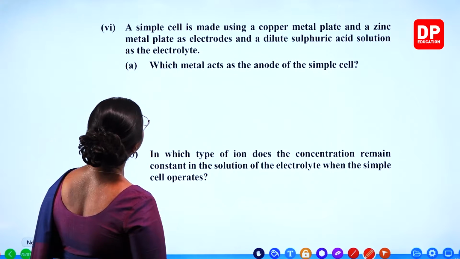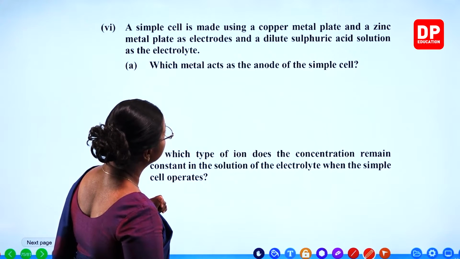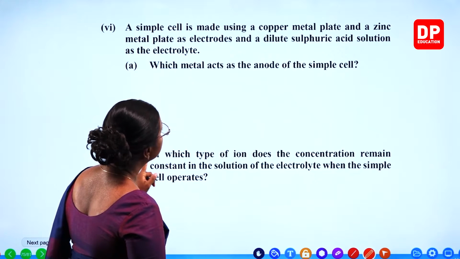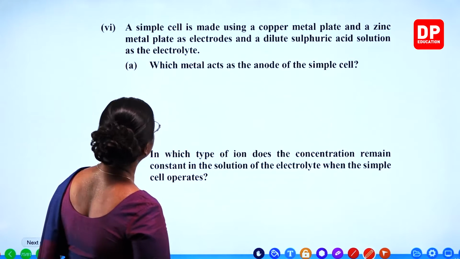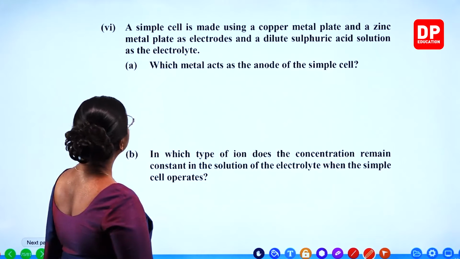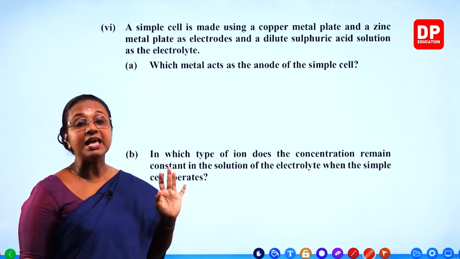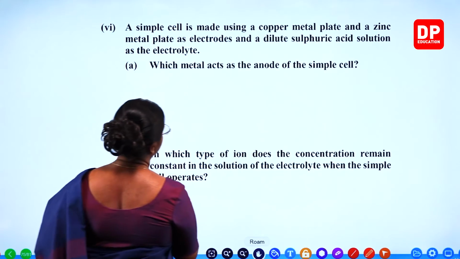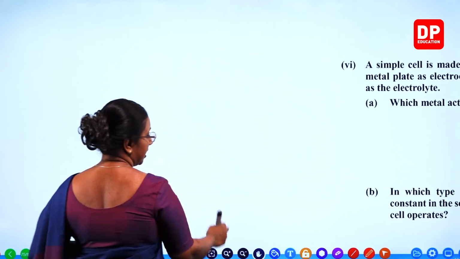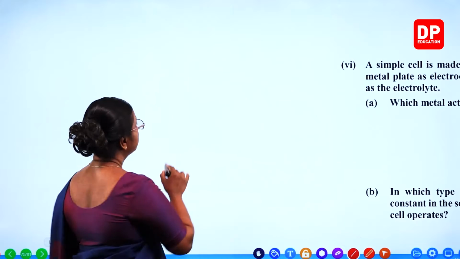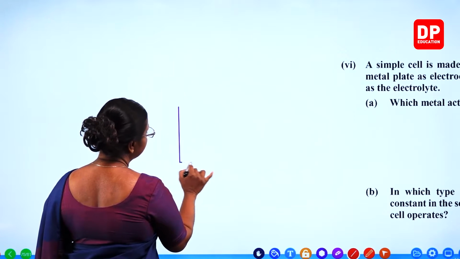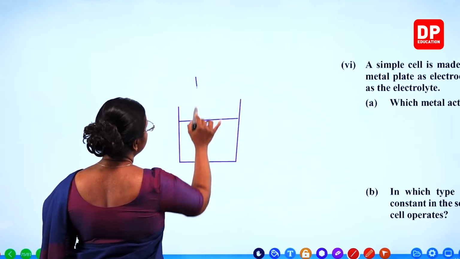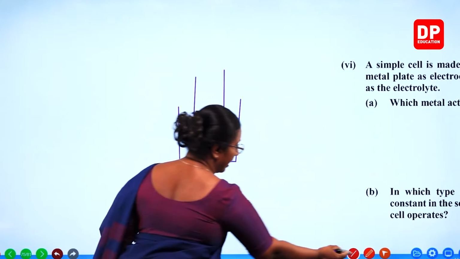Fourth part, a simple cell is made using a copper metal plate and a zinc metal plate as electrodes and a dilute sulfuric acid solution as the electrolyte. So here it is a simple cell, means it is an electrochemical cell. You are familiar with this also. Here we have discussed electrochemical cells. So here we use 2 electrodes.